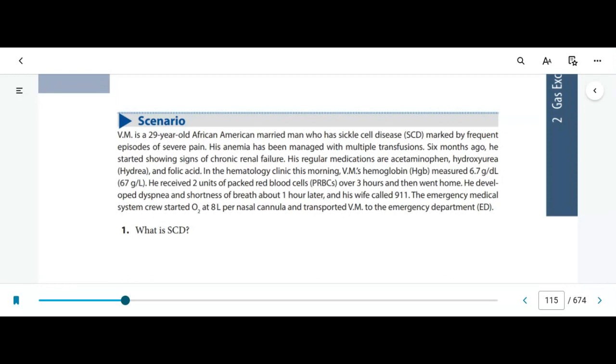Renal failure. Yeah, so what's the problem with the renal failure? Yes, potentially, right? How many units of packed red blood cells did he get? 2.